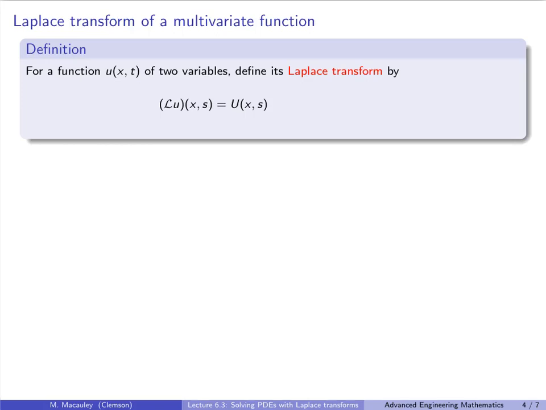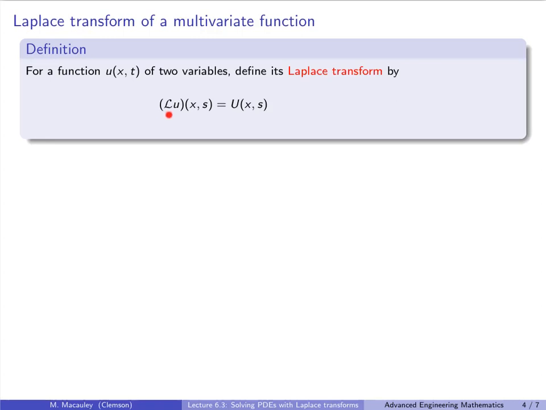Since our goal is to apply Laplace transforms to solve PDEs, we need to know how to take the Laplace transform of a multivariate function. And your guess is probably correct. What we do is just treat all of the non-time variables as constants. So in our setting, we will look at a function u of two variables, x and t, and its Laplace transform is defined as follows.